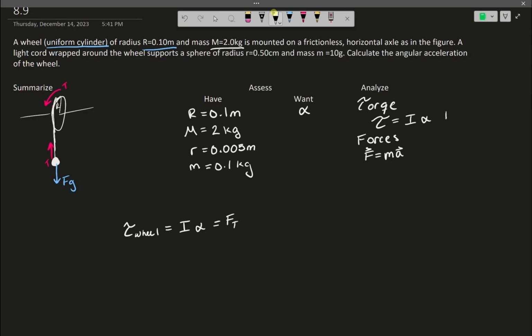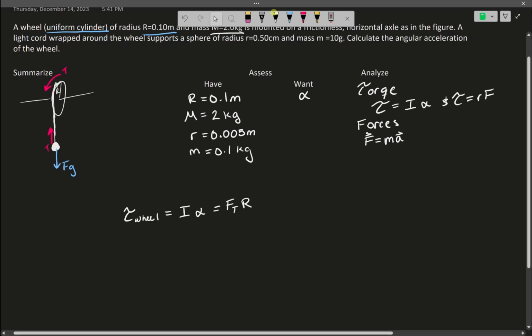So I am also going to have to use this R F version. I have no sine theta because I'm not considering any angle here. So I have the force of tension times R. And this R is the radius of the wheel that is turning. But I can't go any further here because I don't have my moment of inertia.